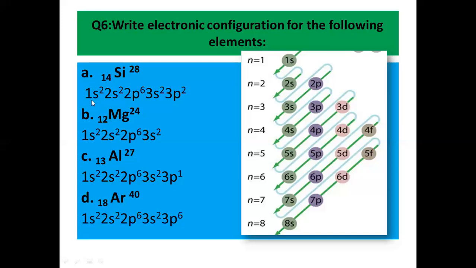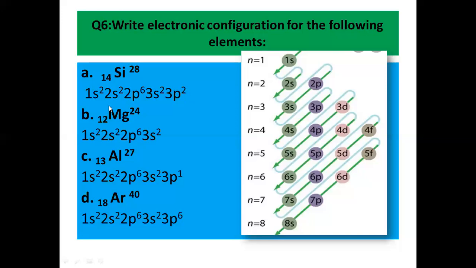So 1s can accommodate 2 electrons, 1s2 2s2, p can accommodate 6 electrons, so 2p6. After 2p is 3s, and I told you s can accommodate only 2 electrons. The 2 electrons which are left, they will place into the 3p.